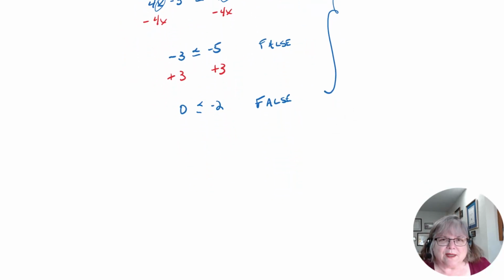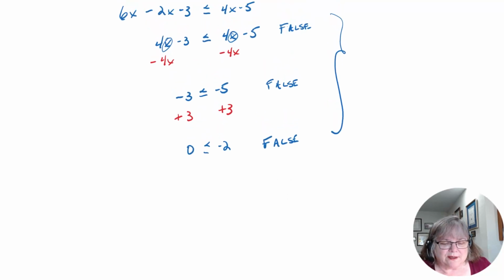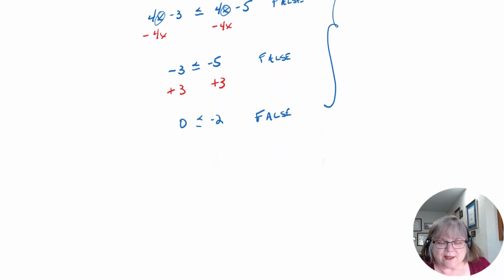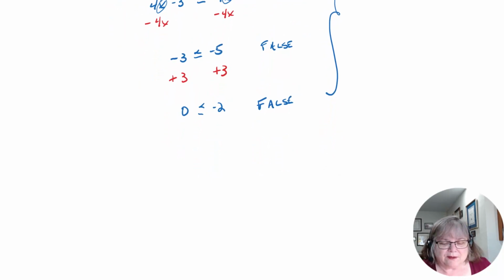And so what it's saying is what you're looking for does not exist. So there is no case where this left-hand side is less than or equal to the right-hand side. So you would say this is no solution. So in English, you would write no solution. And in mathematical symbols, you would write 0 with a slash through it.